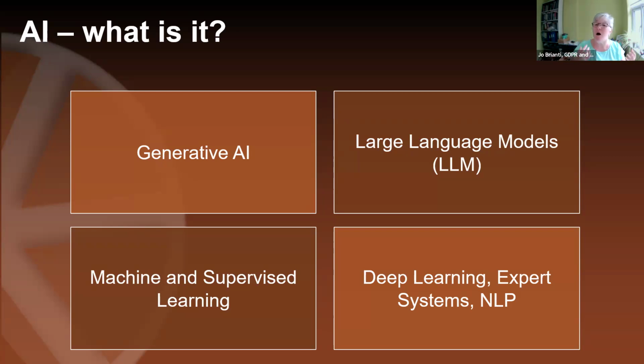Then we've got what's called a large language model. Those are the more advanced versions of GPT. They're the ones that you train. So it's things like Roberta, Albert, Claude. You put content in them, or content is drawn from the internet, and it trains them to give you answers.